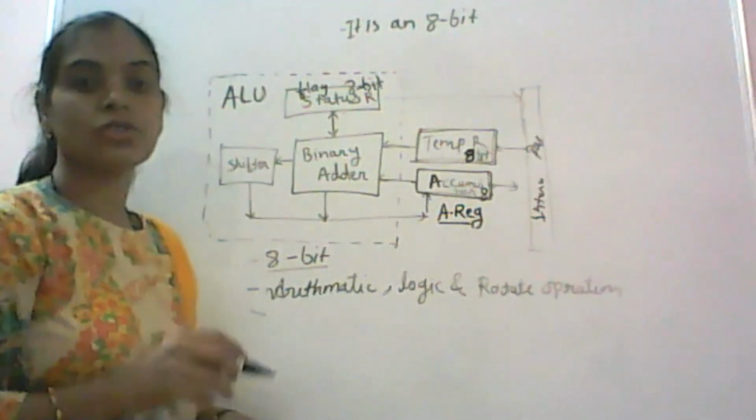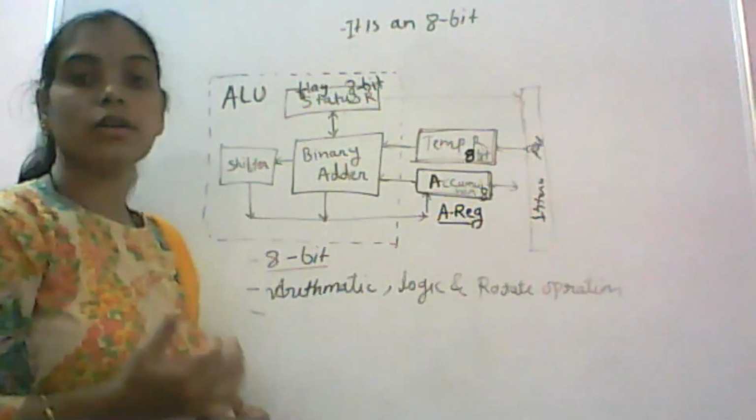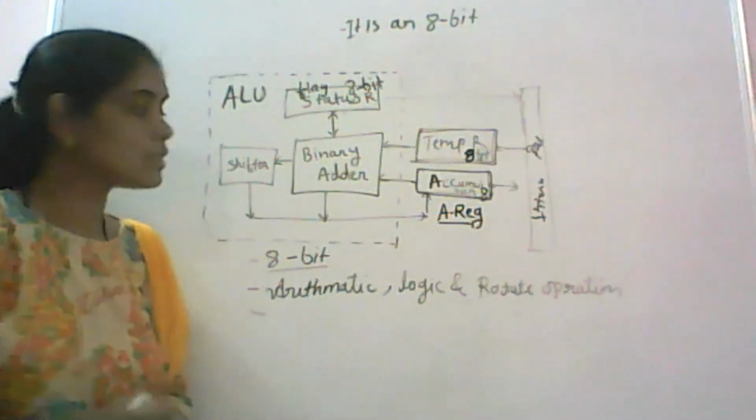The flag register is also called the status register or condition code register. There are 5 flags.